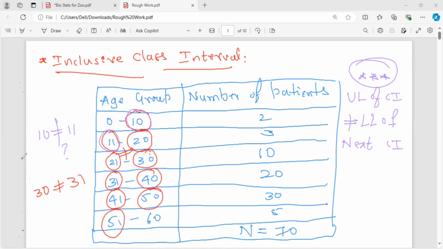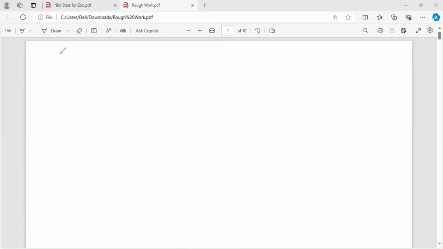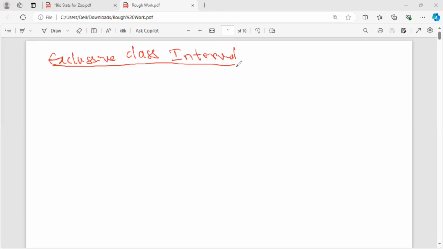Next one is the second type, that is exclusive class interval. The second type of class interval is exclusive class interval, right?